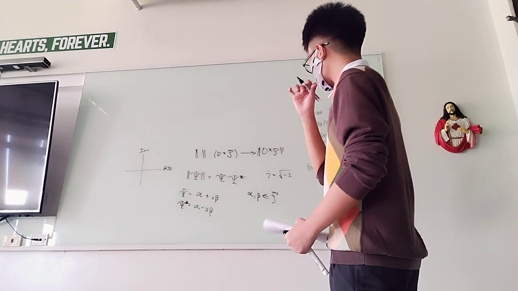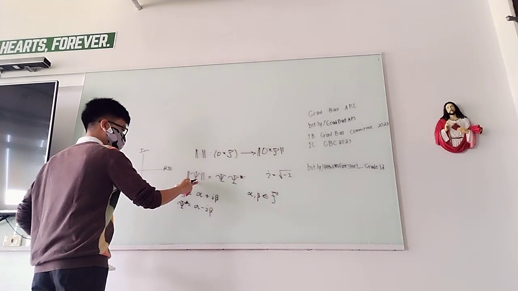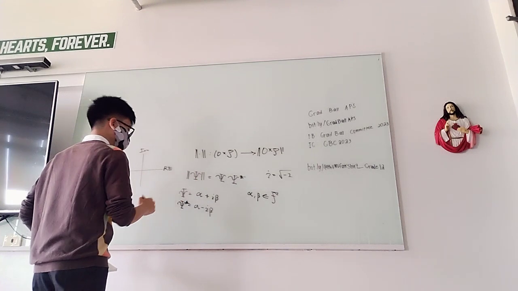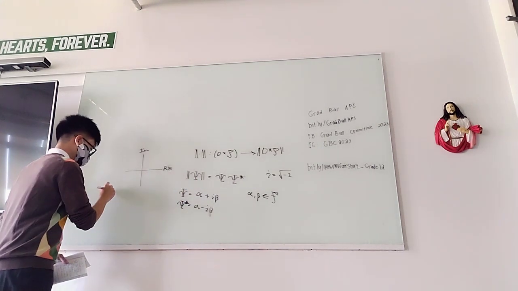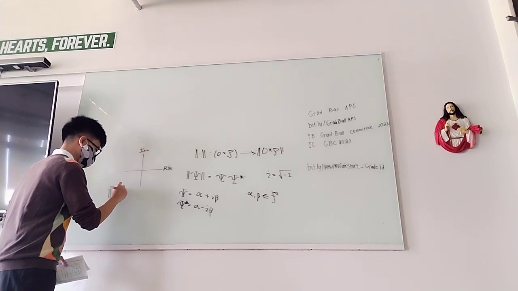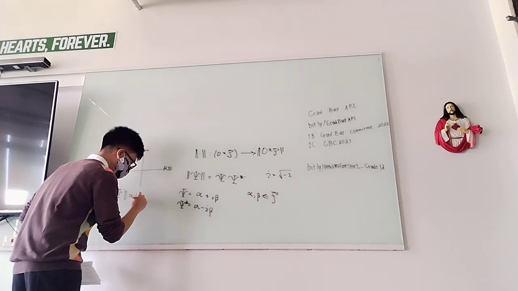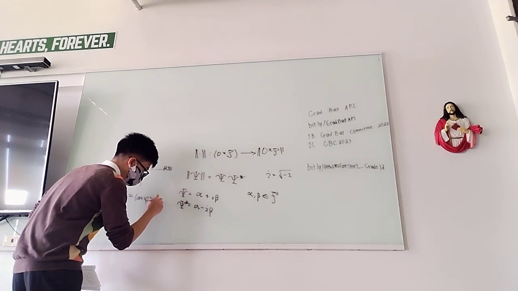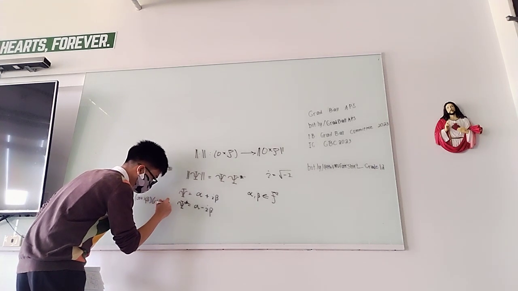Okay, so the norm now, if we let this be, of course, this over here, then you notice that the norm of psi is equal to alpha plus i beta, times alpha minus i beta.